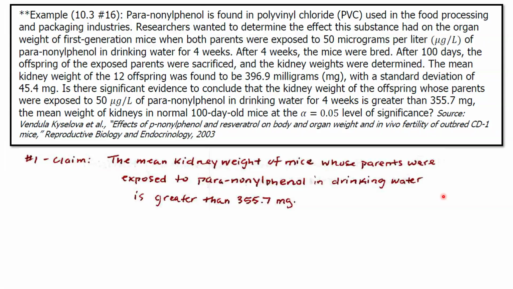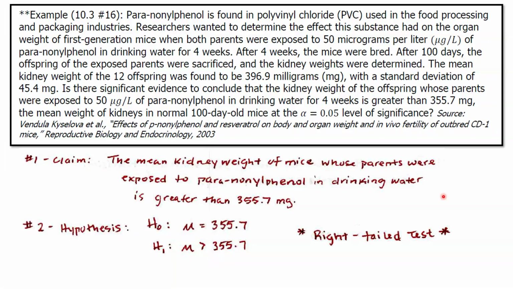Our hypothesis is going to be null, mu equals 355.7, and the alternative, mu is greater than 355.7. So this is a right-tailed test. Okay. Our level of significance is 0.05. That was given to us in our problem.